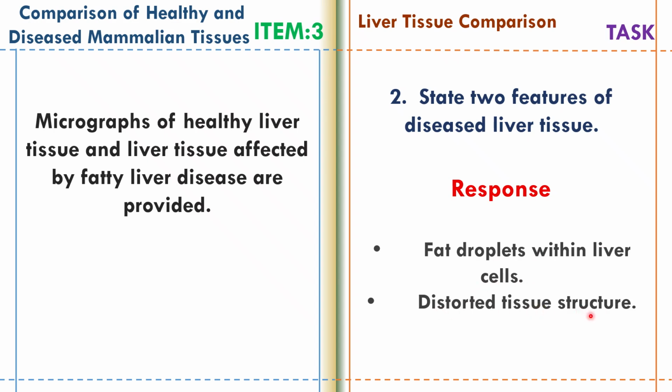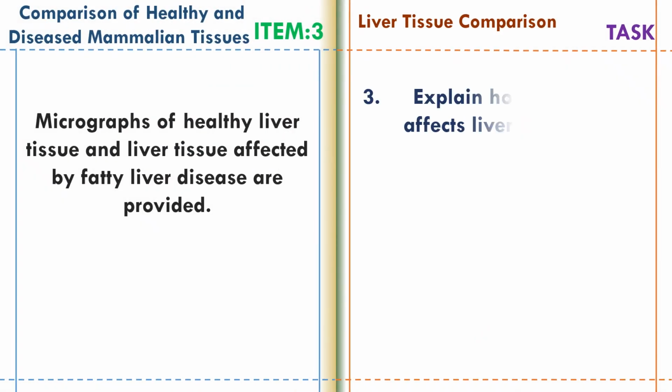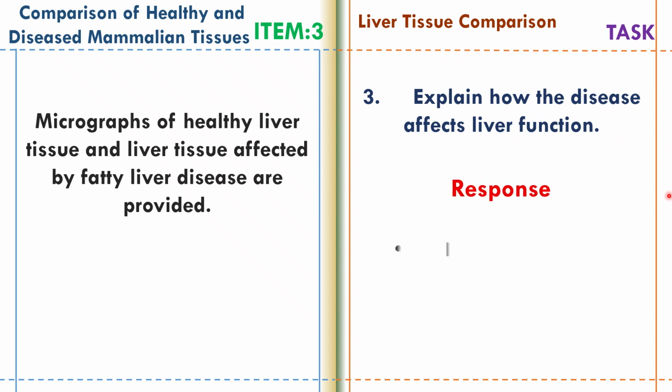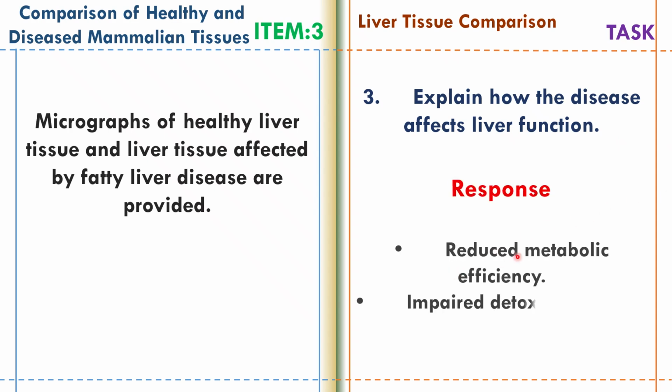Distorted tissue structure. Explain how the disease affects liver function. Reduced metabolic efficiency, impaired detoxification and bile production.